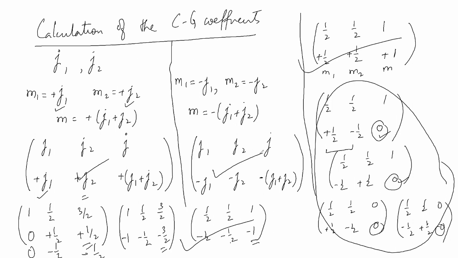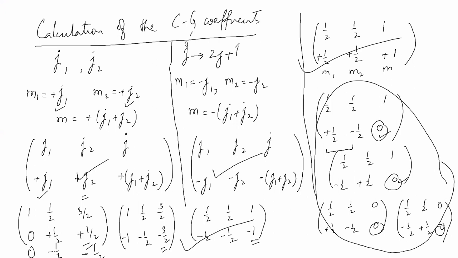Okay, while we have seen that for given values of J, how many projections are possible? The dimension which I have talked about, 2j plus 1.